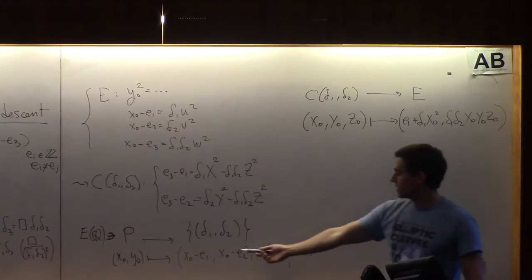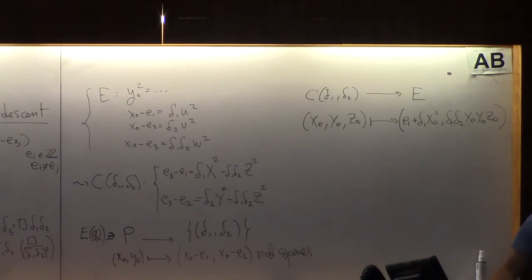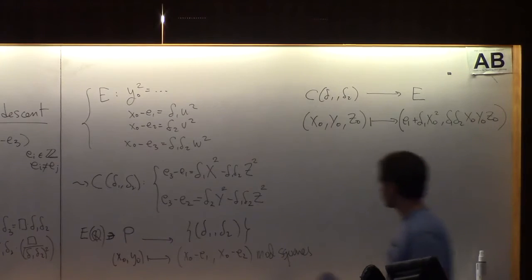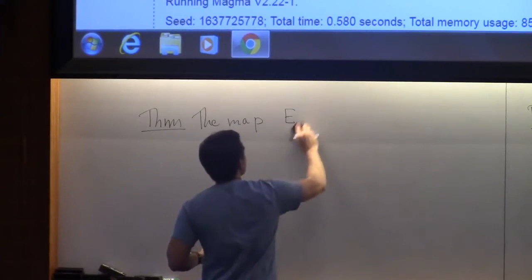Meaning that if x naught minus e1 is 18, that's 2 times 9, so I keep a 2, and my delta 1 is 2. So it turns out that the map works best.